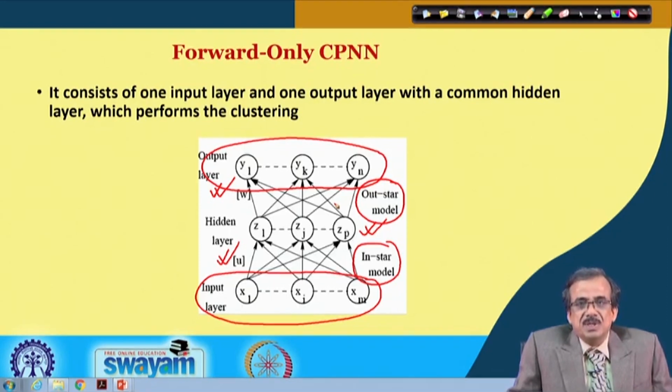But CPNN has one advantage: because we do not use the back propagation algorithm or any gradient based algorithm, the chance of the solutions getting trapped in local minima is nil. There is no such local minima problem, and that is why many people prefer this CPNN even compared to the multi-layered feed forward network.